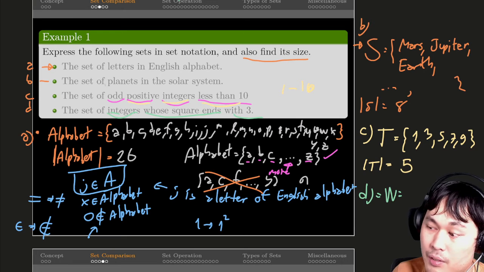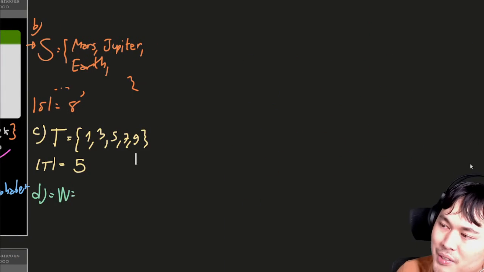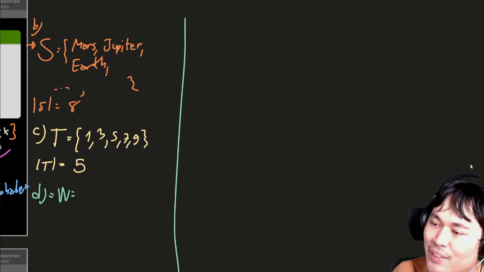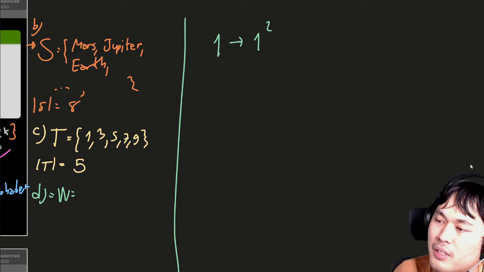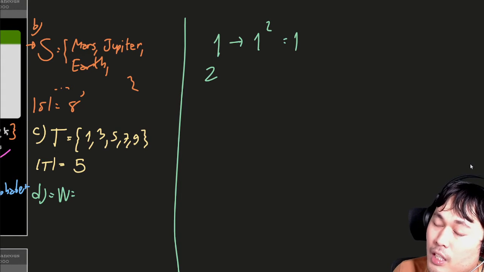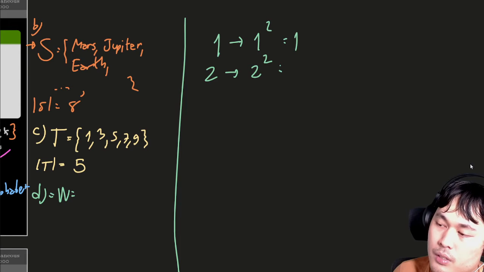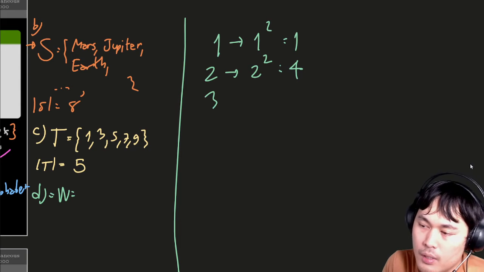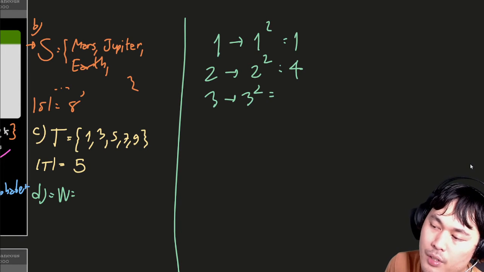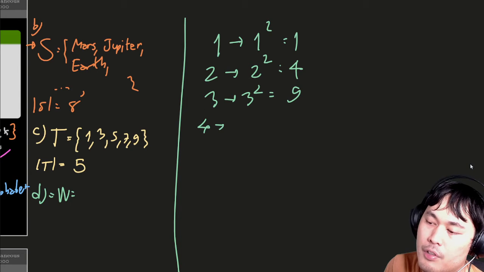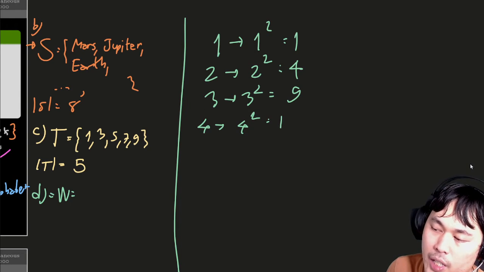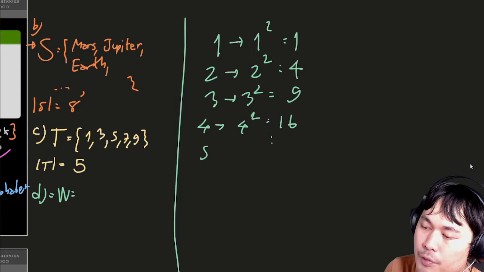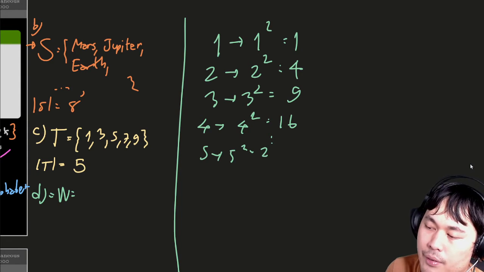Maybe I should write it here. If I give you 1, 1 squared is 1. If I give you 2, you can find 2 squared, which is 4. If I give you 3, you can find 3 squared, which is 9. For 4, we have 4 squared, which is 16. For 5, we have 5 squared, which is 25, and so on.